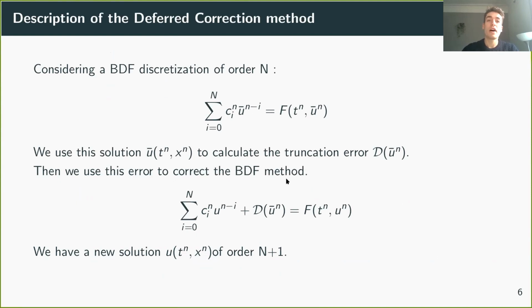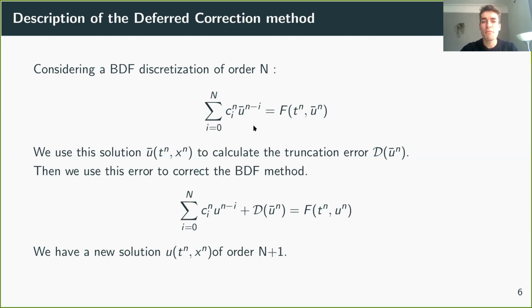So now we have our context, our simple test case. Let's talk about the method. The deferred correction method is based on the BDF method. So a BDF discretization of order n can be written like that, where we approximate the solution U bar with the sum with coefficients Ci like that.